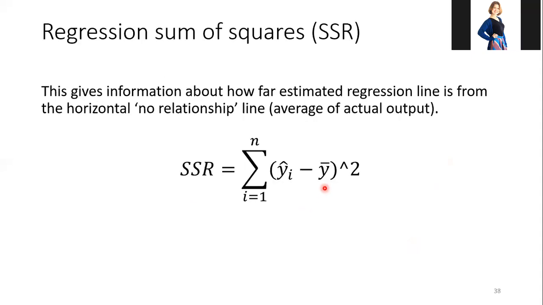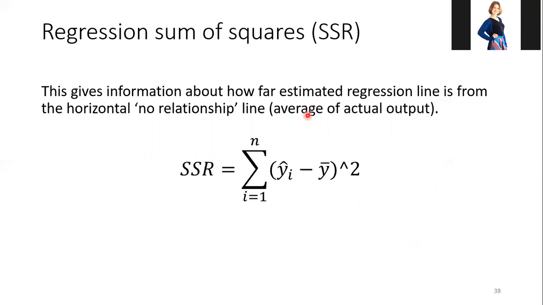Another metric to estimate the efficiency of your model is the regression sum of squares. It shows how far the estimated regression line is from the horizontal line.